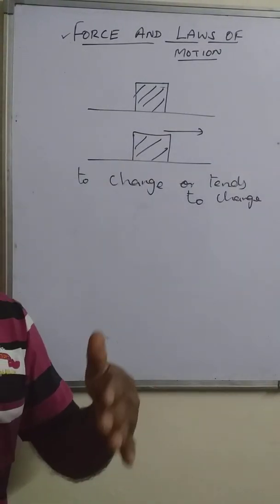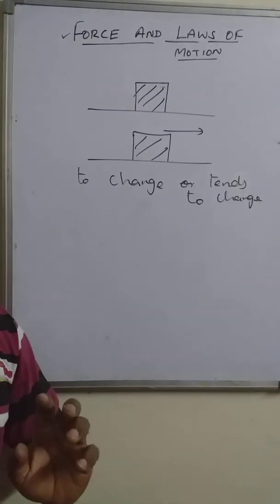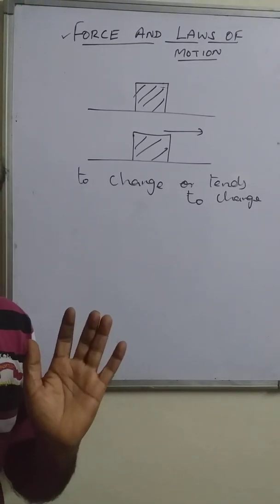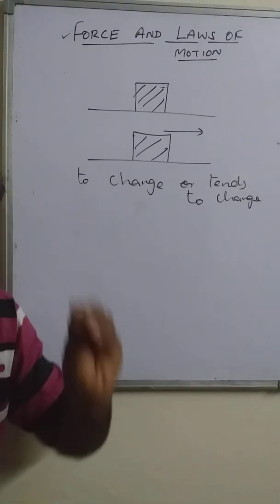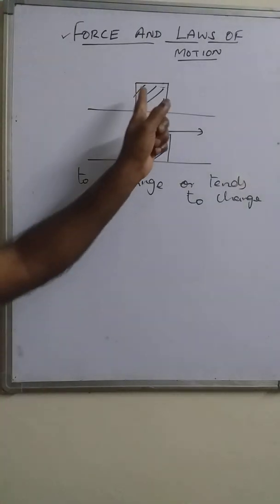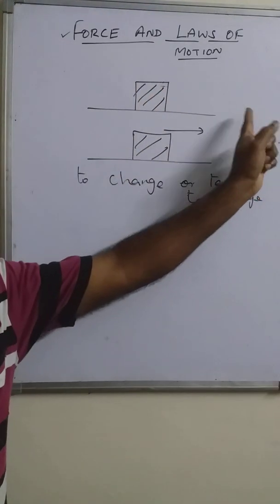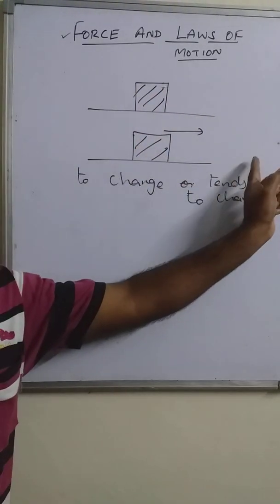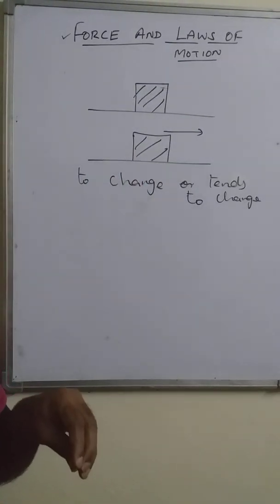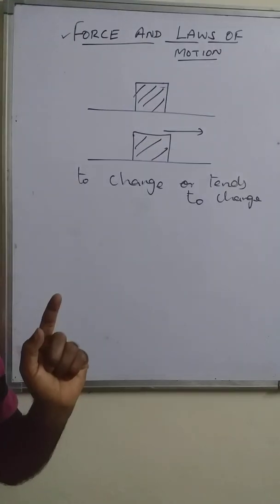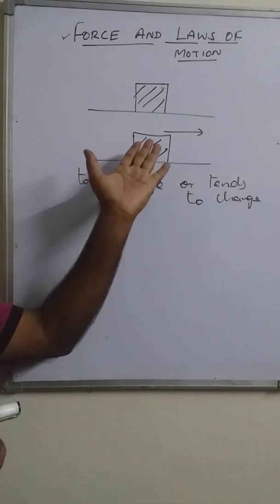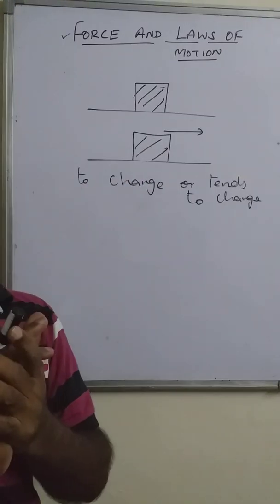This force was also defined in the last year. Whenever we apply a force, many effects take place. If the object is at rest, it may come in motion. If it is in motion, it may come to rest. If the force is applied, the direction of the object can be changed, or the shape and size can also be changed.